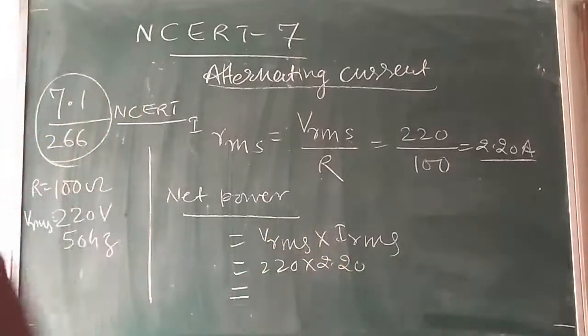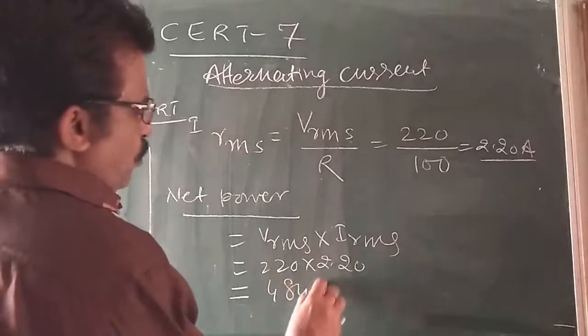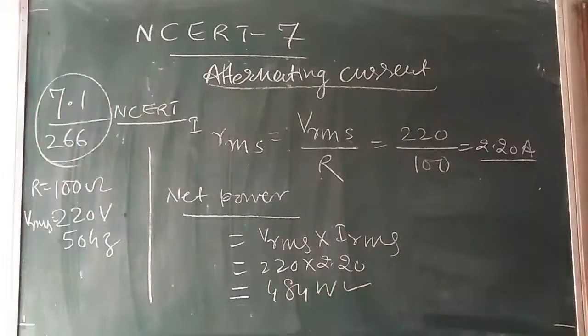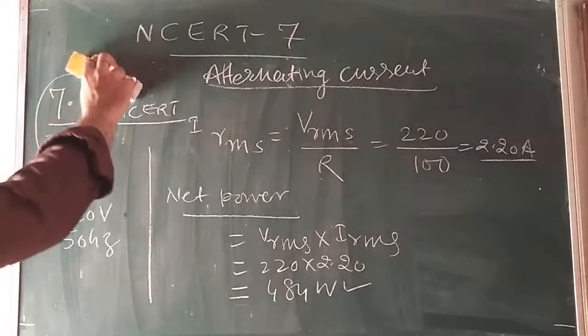Just multiply it, and we get 484 watt. This is the answer here. So we can see a question is very easy if we know the formula. This is question number 1 of page number 266. Now write down. Come to the next question.